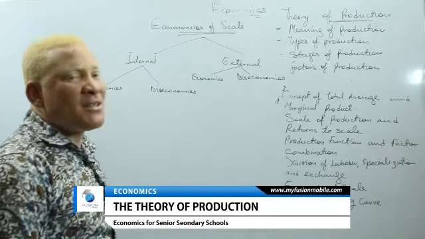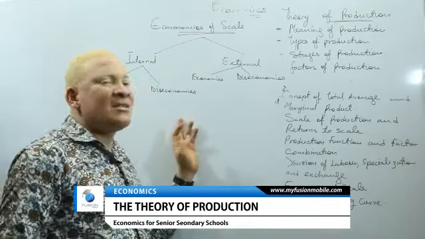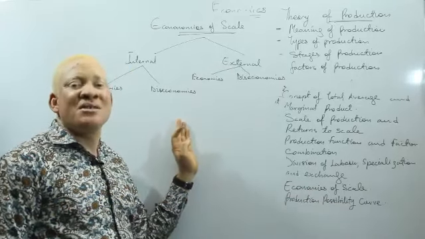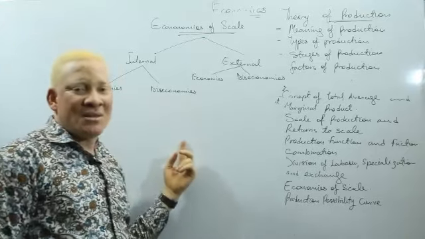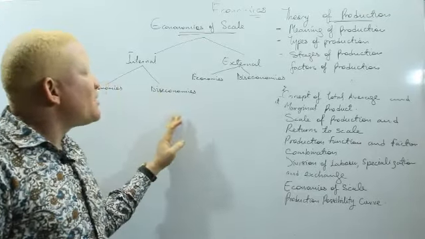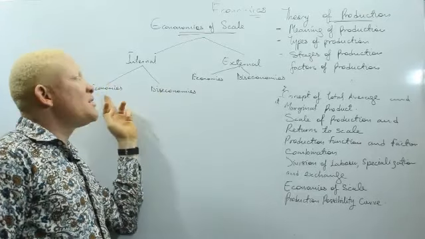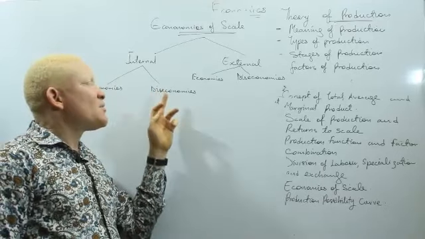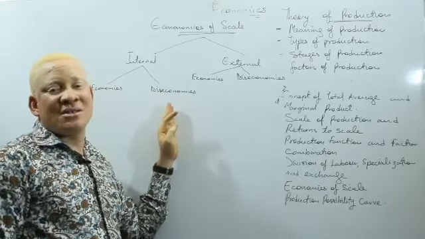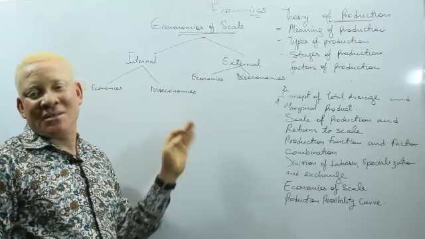But the disadvantages or costs it incurs as a result of an increase in the level of output, we refer to as diseconomies. While economies are advantages or benefits, diseconomies talk about costs or disadvantages.